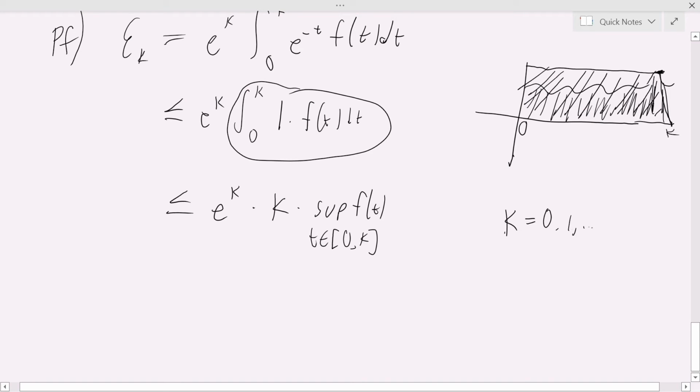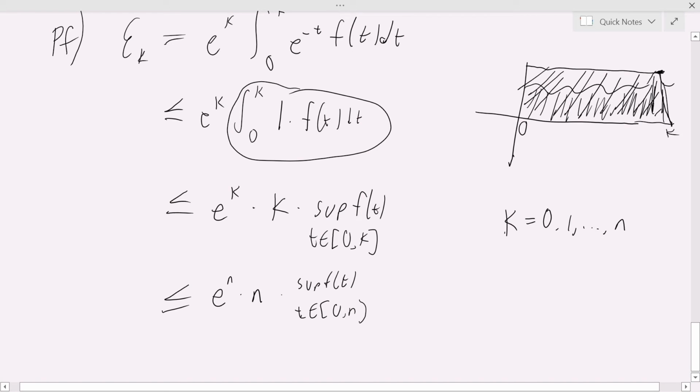It's running from 0 all the way up to n, where n is the degree of the polynomial g. And we can just replace k with n. The index k is at most n, and it makes sense to make another upper bound here. This is at most e to the power n times the supremum of the function over the interval from 0 to n.